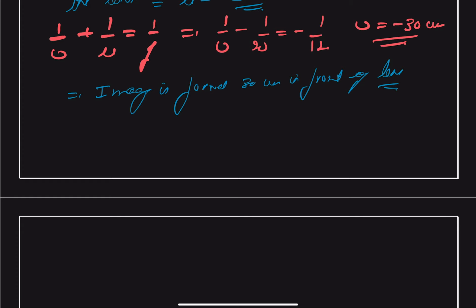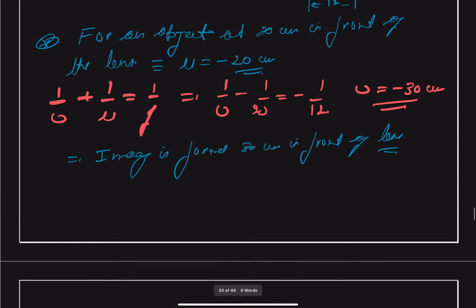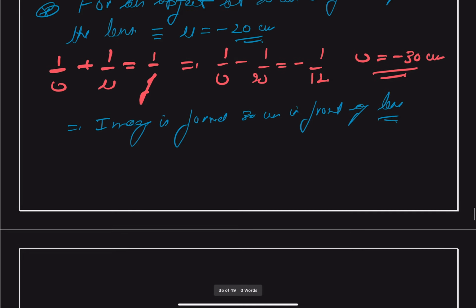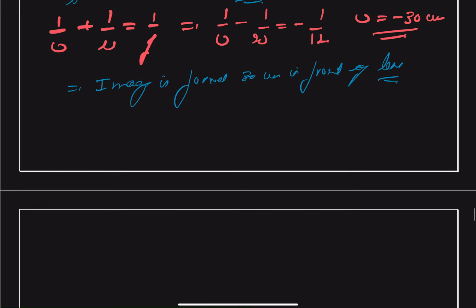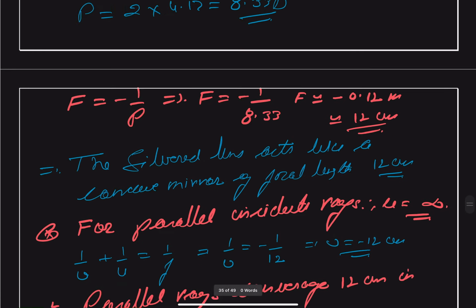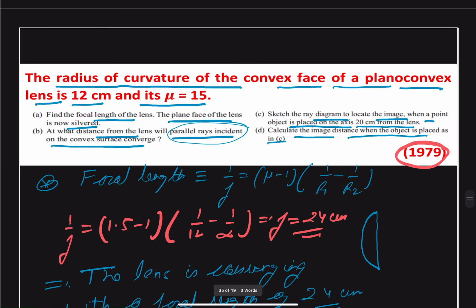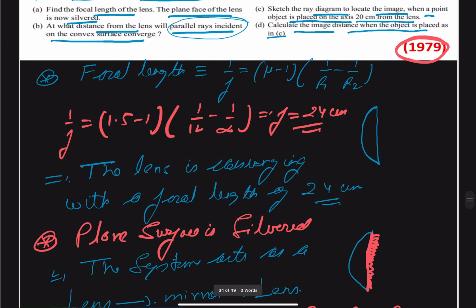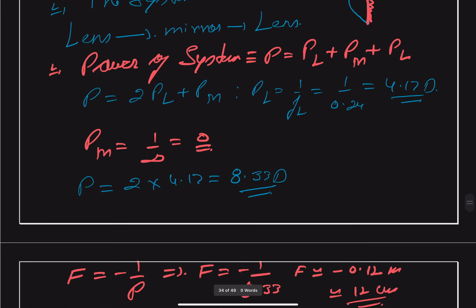And we can just draw the figure for that. And the object is at 20 centimeter. One second, it is 20. Yeah, 20, and we have to draw the ray diagram for that. Okay.